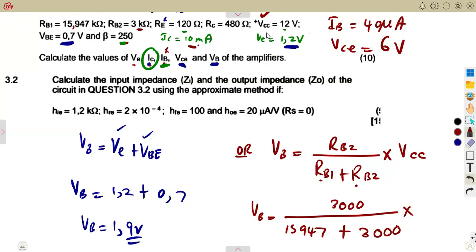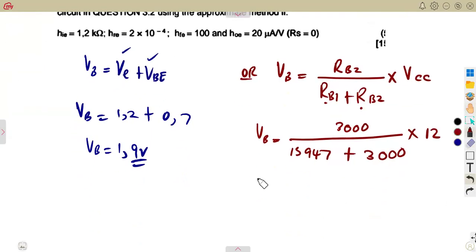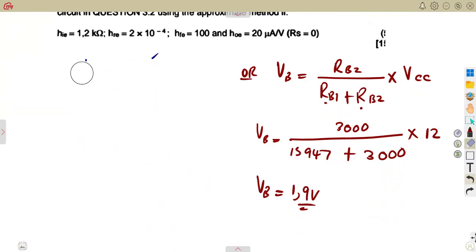And our VCC is 12 volts as we were given before. So that is the condition of our question. You can have your VB from there, and that was going to give us 1,9 volts.